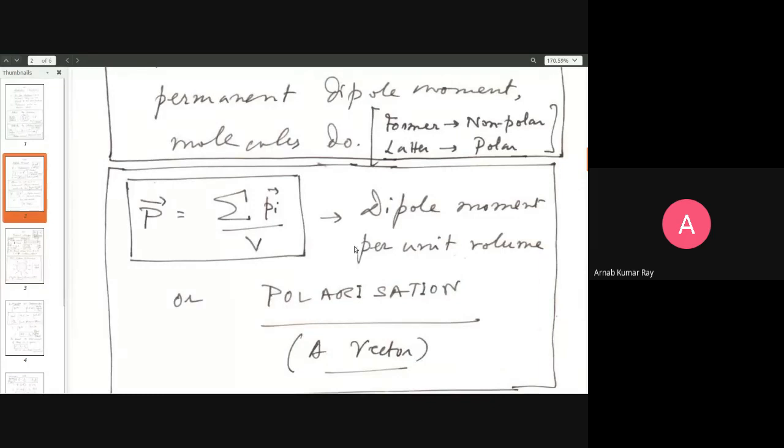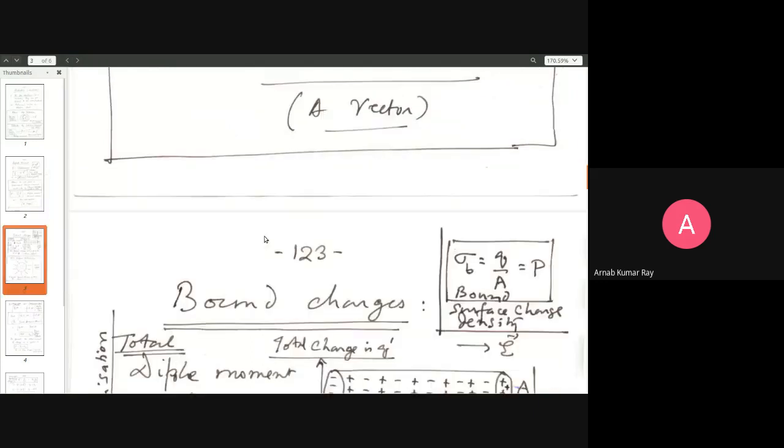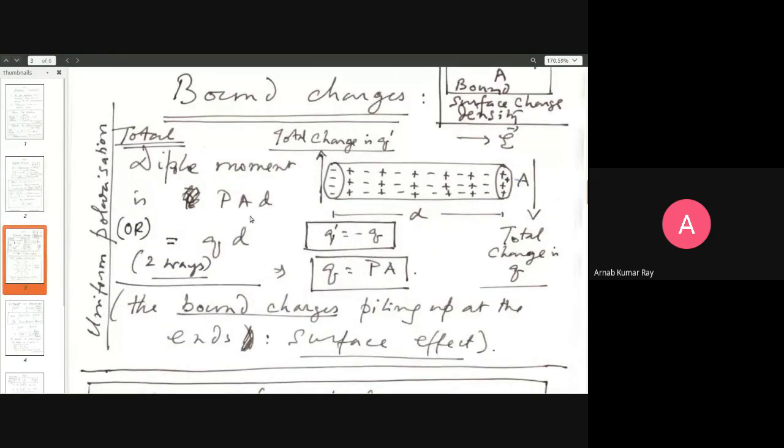Just a while ago, I said that the polarization vector is equal to the total dipole moment divided by the volume. Therefore, the total dipole moment is the polarization vector into the volume. So you can look at it like that also. Total dipole moment, Q into D, is also equal to polarization into the volume.